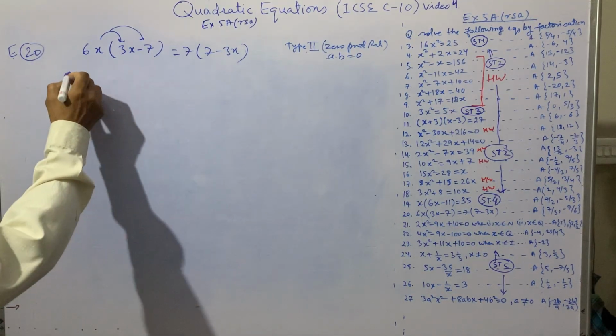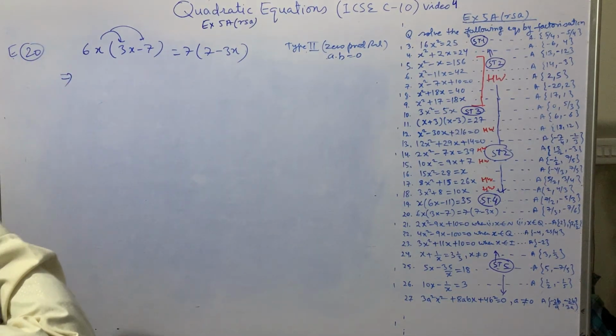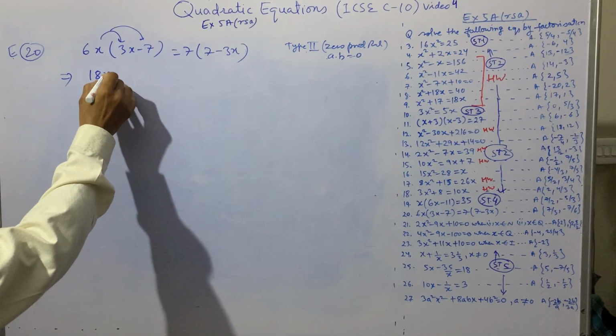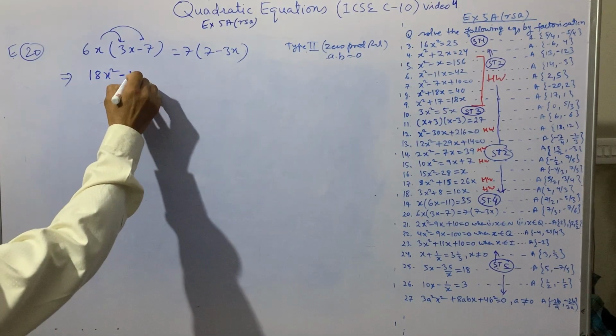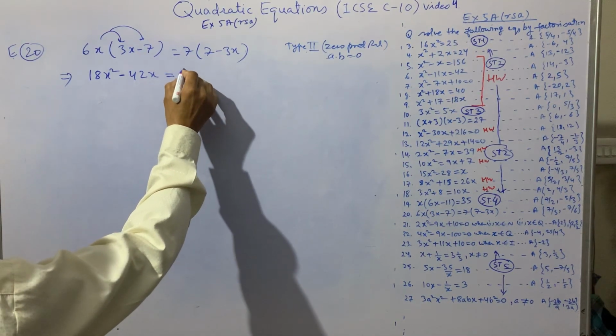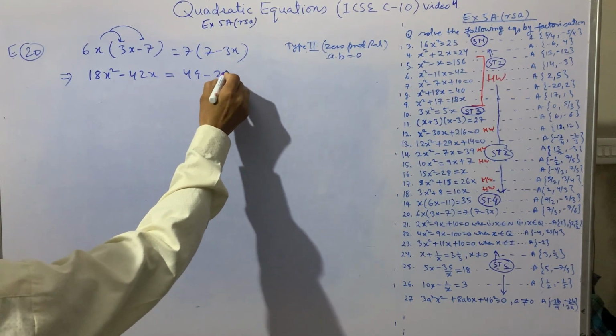On taking out the bracket and multiplying it, what do we get? 18x square minus 42x, and here we are getting 49 minus 7 is 21x.